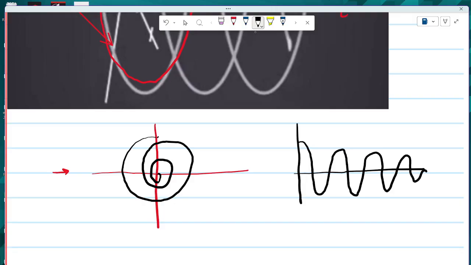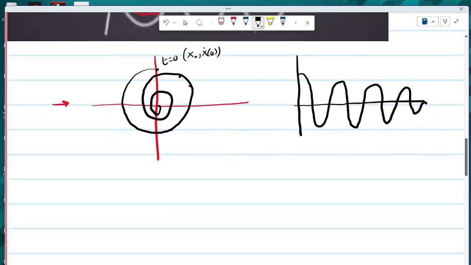So let's say this was your amplitude at time equal to 0. So the amplitude and velocity at this point were x naught and x dot of 0, and you can find out the amplitude at different times. So this is how you can find out the successive amplitudes of any vibrating system.